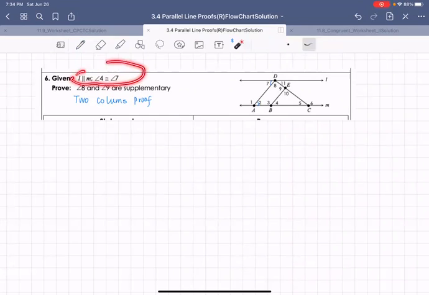Now let's see here. L parallel to M. What we can do is first write that down, right? This is because of given, yes? From L parallel to M, what conclusion do we want to say?